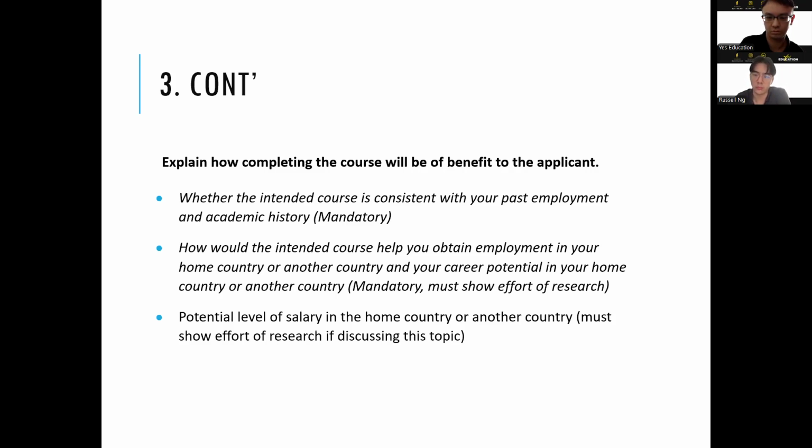How much would a migration agent charge for the student visa application? Generally, the fees can vary drastically depending on the case.